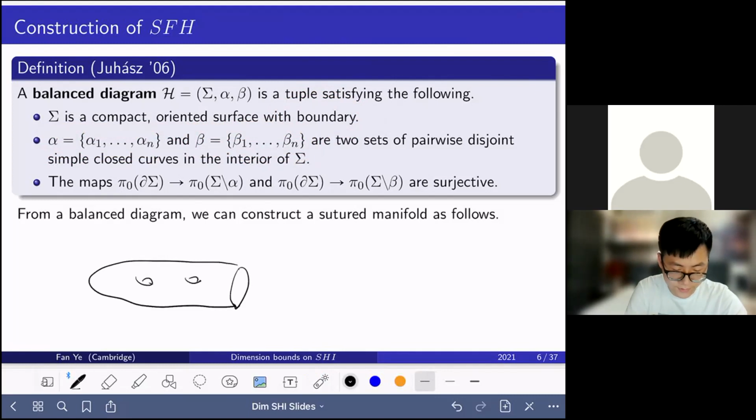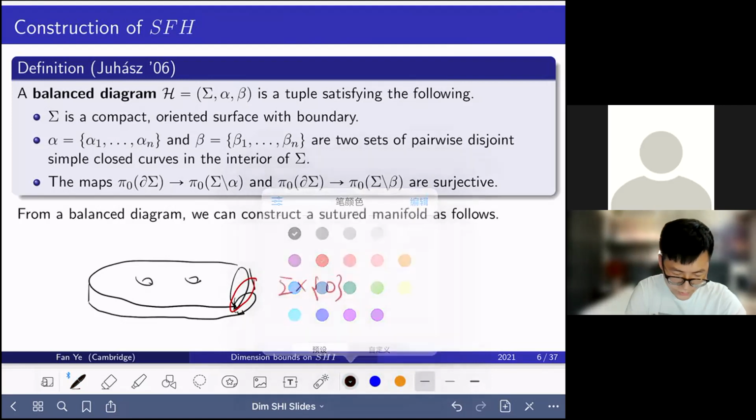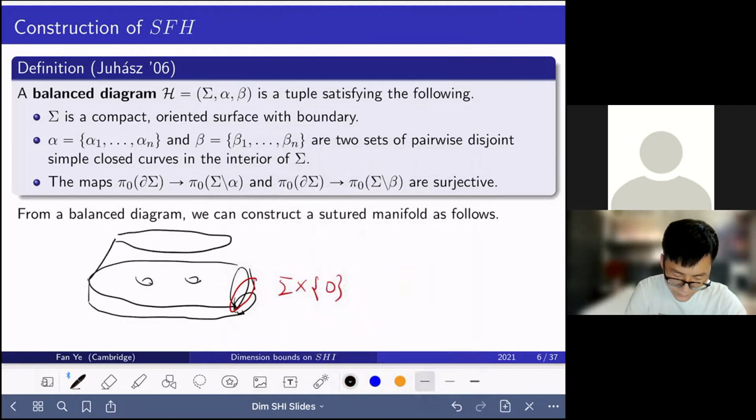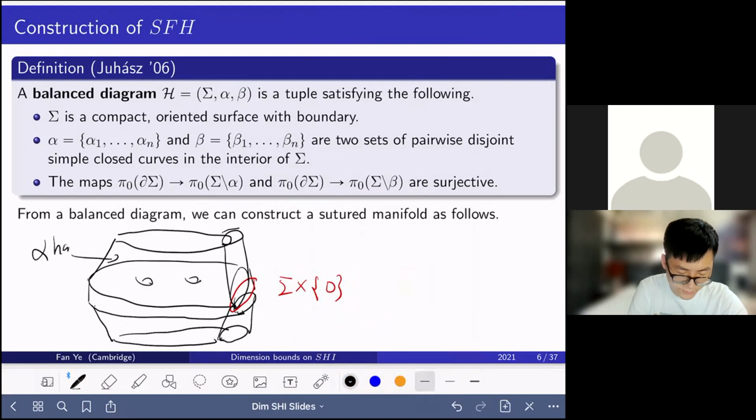At first, let's consider sigma times I, and set the suture to be the boundary of sigma times one half. And then we attach some alpha handles along the surface, and we also attach some beta handles along the surface. So here we have alpha handles. Here we have beta handles.